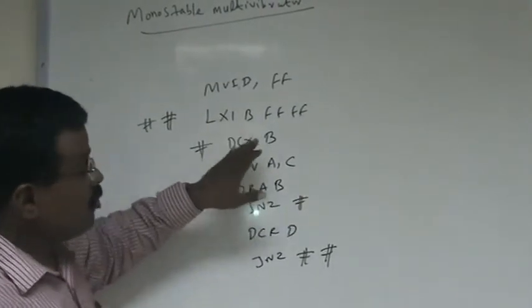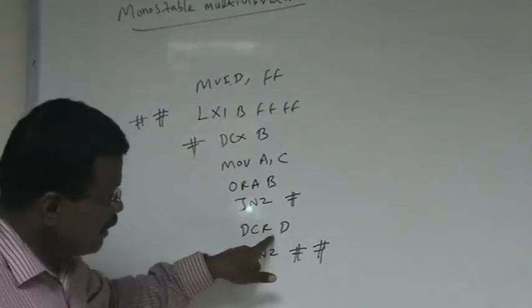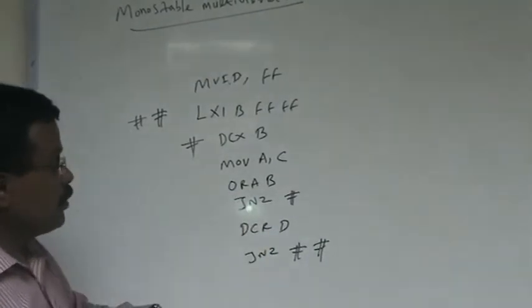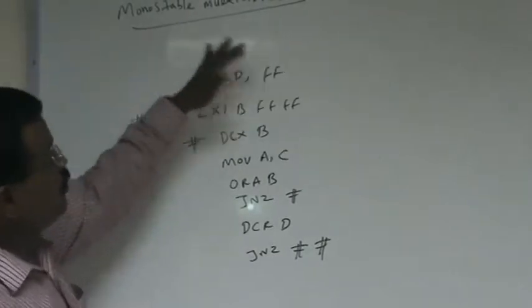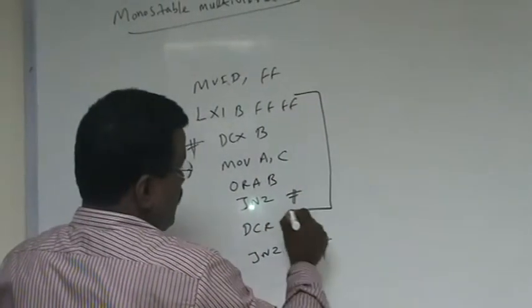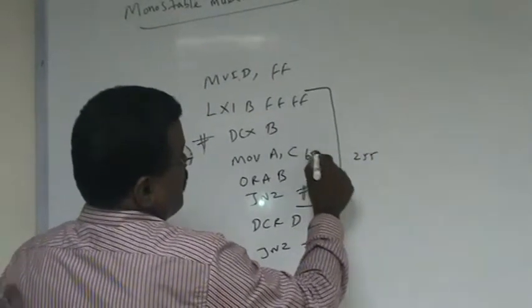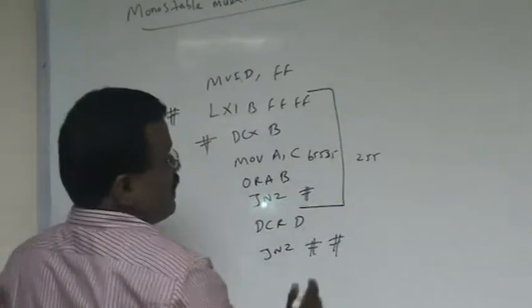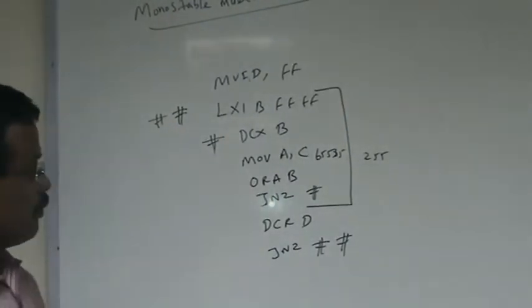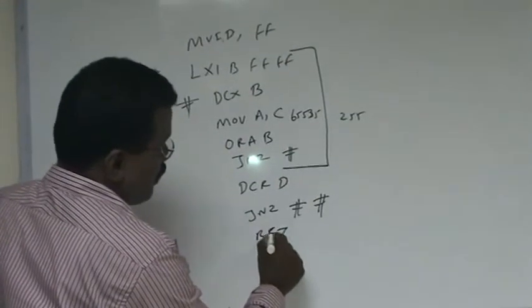Once the value of the register pair BC becomes 0, it comes out of the loop. Now I am decrementing D again by 1, so it will become 254. Again the loop will be repeated. So this loop is repeated 255 times. So this is how we can write a program that uses a loop within a loop to generate a delay time.